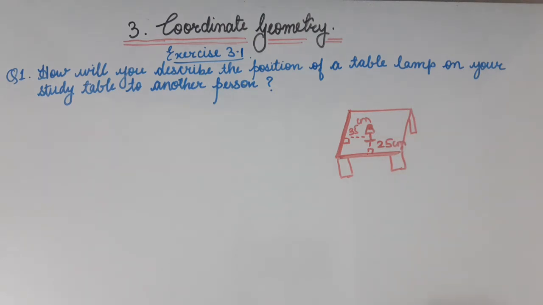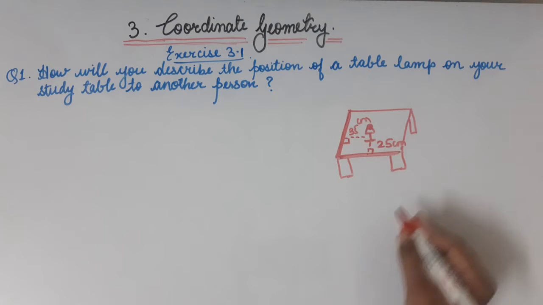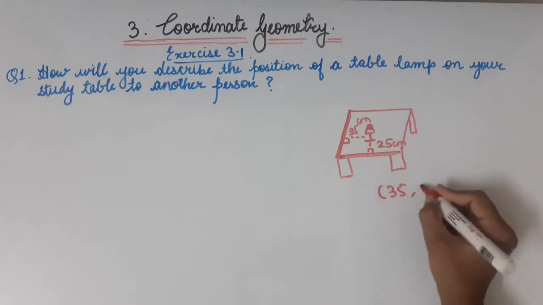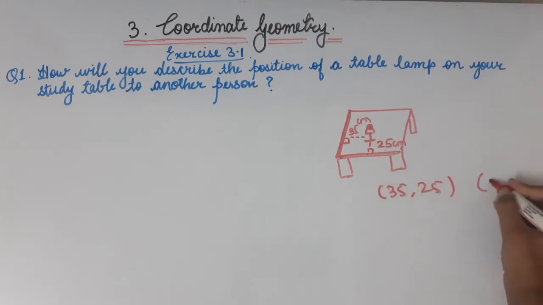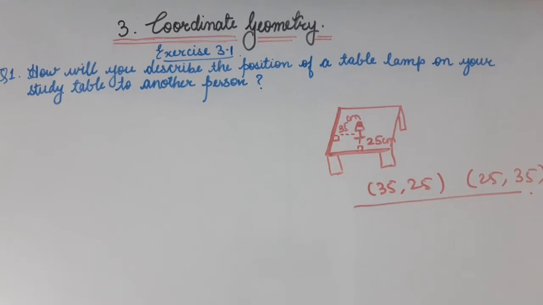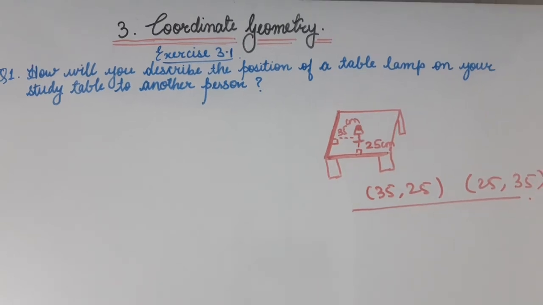So after measuring, how are you going to give the position of the lamp? The position of the lamp can be 35 comma 25, or it can be 25 comma 35, depending on which one is x and which one is y, right? So these two are the possibilities of the position of the lamp on the table.